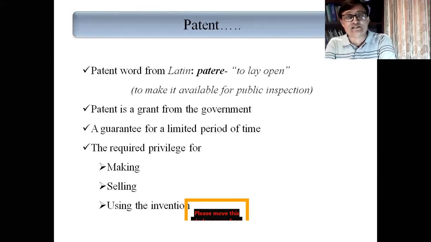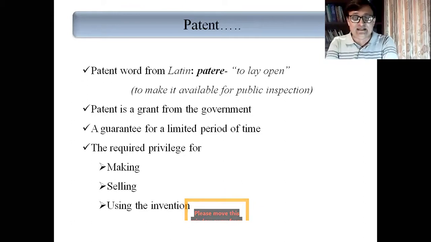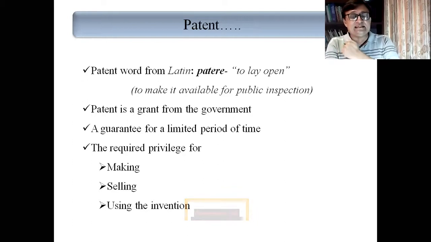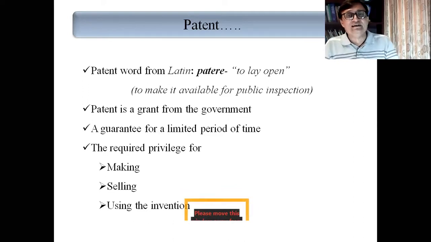So patent basically is a grant from the government. This is a license from the government. This is a recognition in the form of a certificate by the government that it is for a limited period of time, and it is a privilege for the inventor for making use of this product patent and selling this patent and using this invention for producing goods and services later on in industrial application.